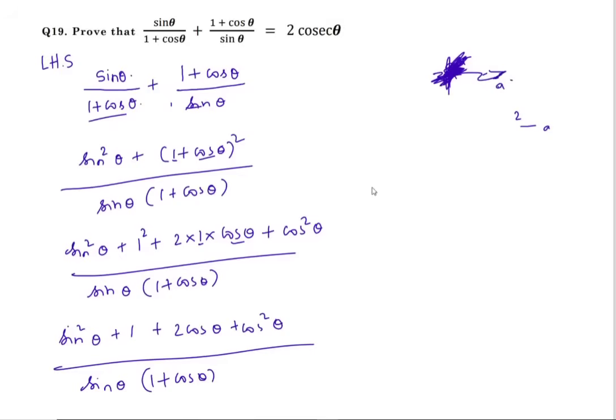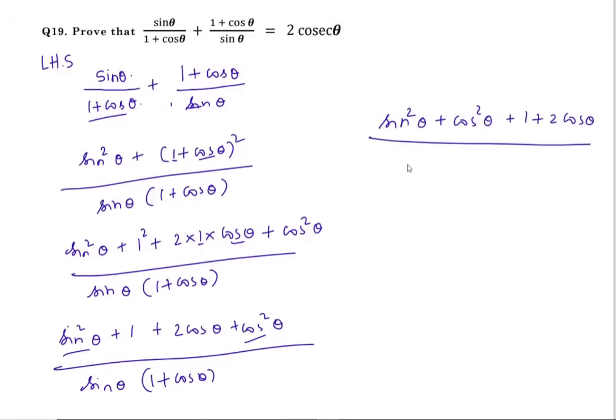Now arrange the terms. I'll write sin square theta plus cos square theta together, sin square theta plus cos square theta plus what is remaining, it is 1 plus 2 cos theta, all divided by sin theta into 1 plus cos theta.